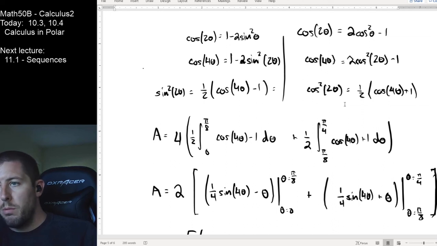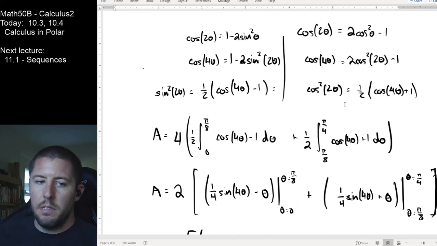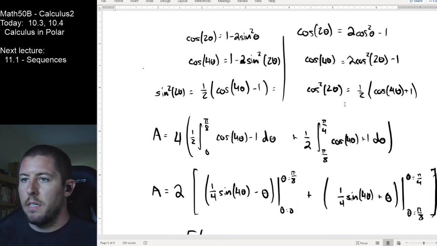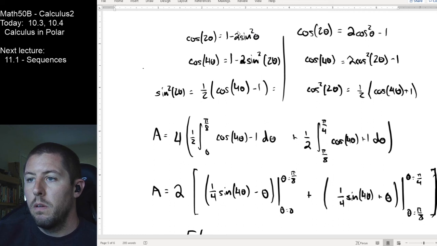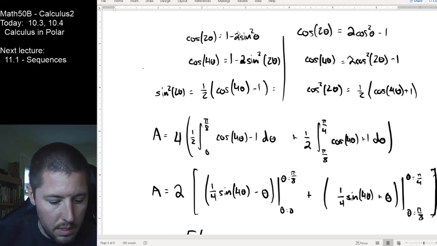I think that I made an algebra mistake back up here with my trig parts. I guess I'm going to fix this now. That's not true.